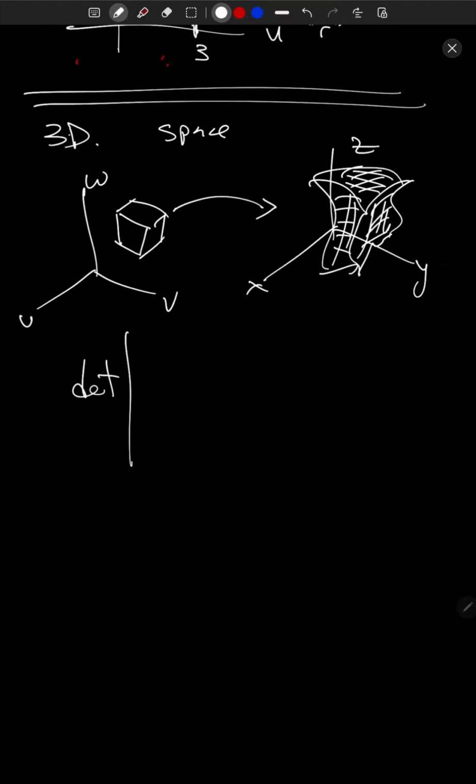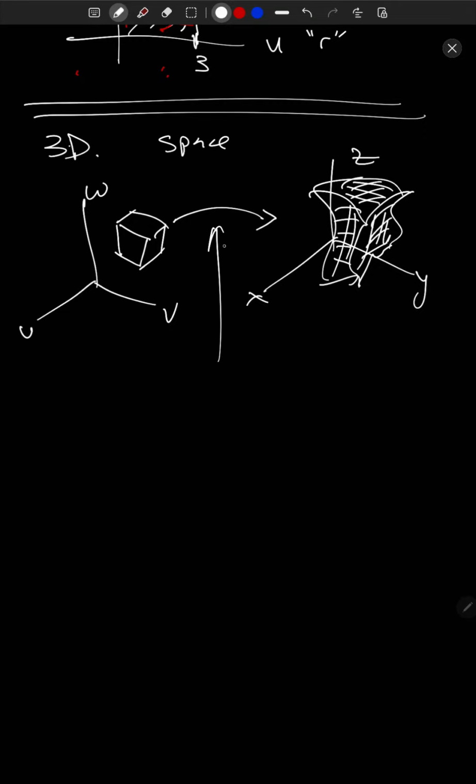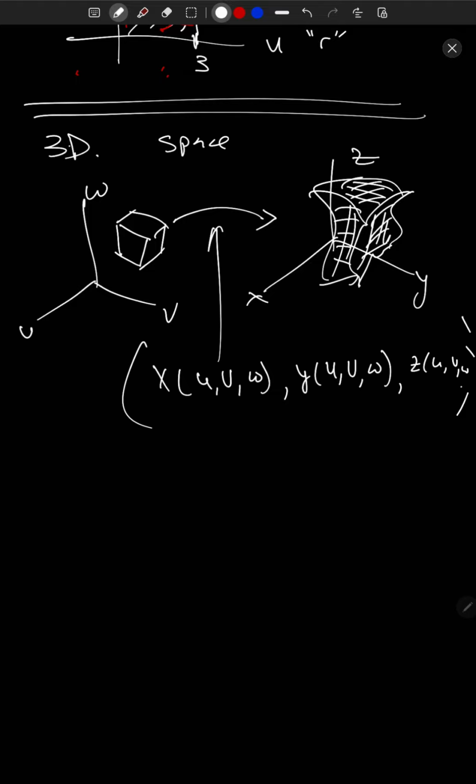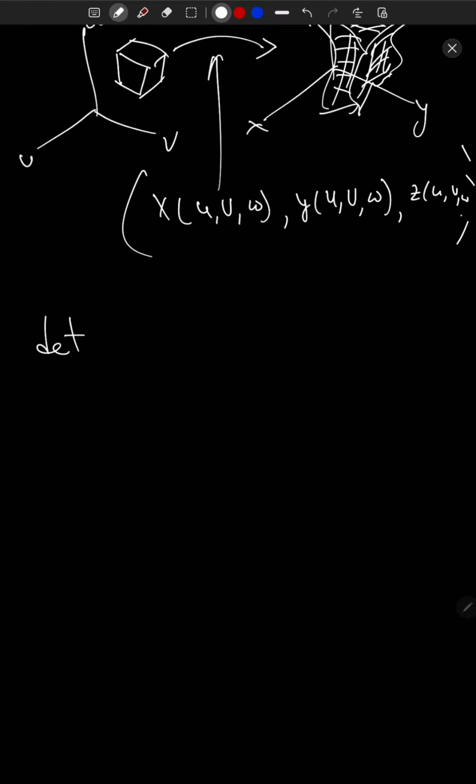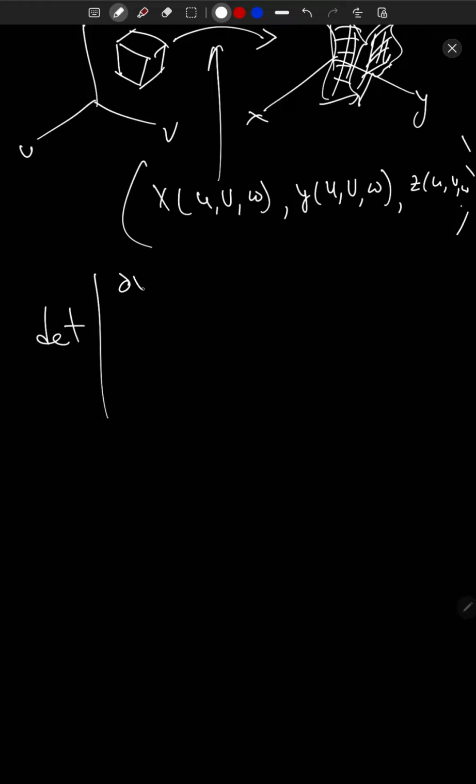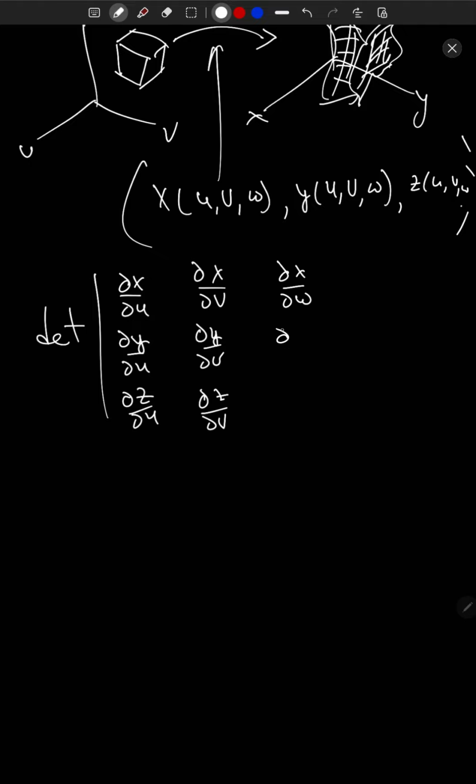If my mapping is x of u, v, w, comma, y of u, v, w, comma, z of u, v, w, then my correction factor, my Jacobian, is going to be dx du, dy du, dz du, dx dv, dy dv, dz dv, and then dx dw, dy dw, dz dw.